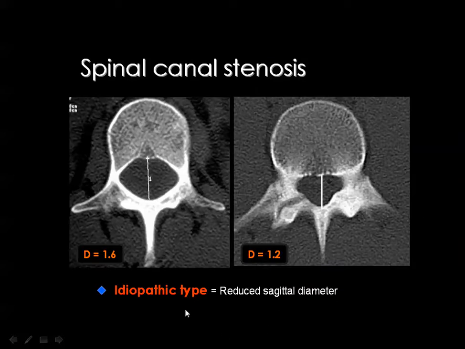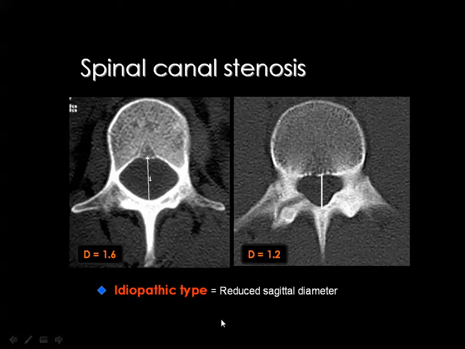And you remember from the anatomy that we used to measure the sagittal diameter of the lumbar spinal canal at the level of the pedicle, where the canal is totally closed or there is no side openings, and this should be done in the bone window images, since the spinal canal is a bony structure.